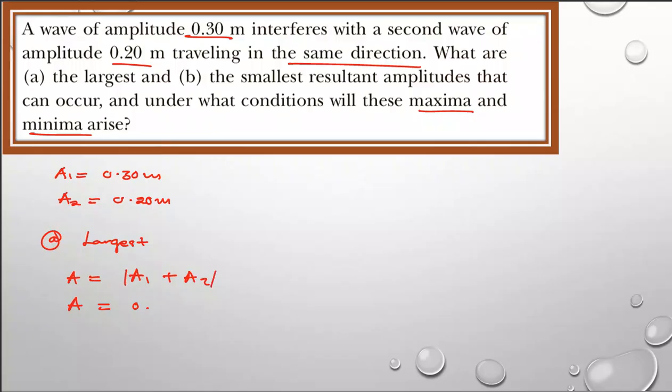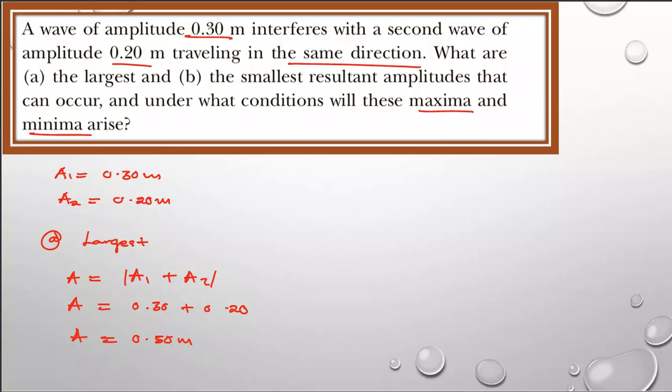The amplitude should be positive, so I have to put in absolute values to show that our answer should be a positive value. So 0.3 plus 0.20. So our amplitude is going to be equal to 0.50 meters.